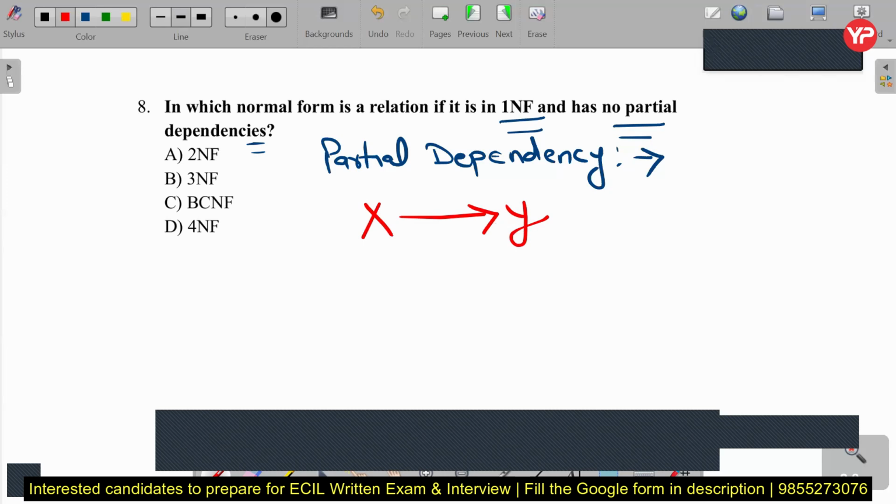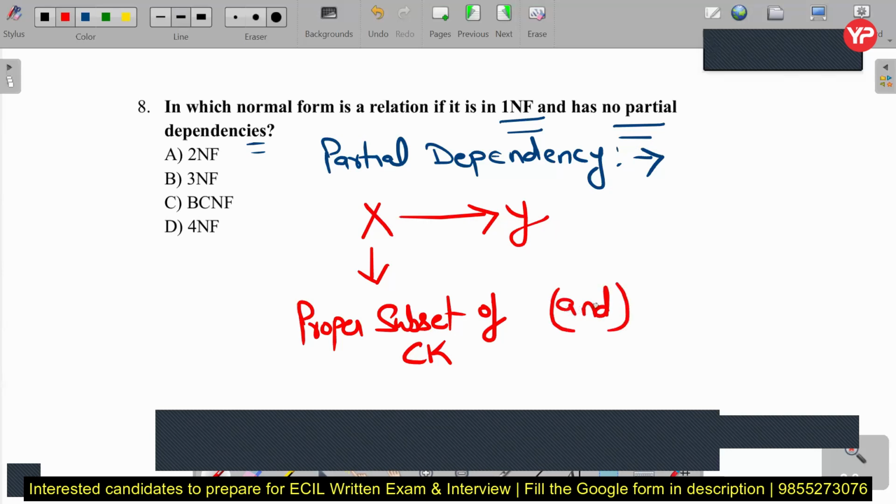Now, if the structure of this functional dependency is such that X is a proper subset of a candidate key, and keep in mind the condition is an AND, not an OR, X is a proper subset of a candidate key and Y has to be a non-prime attribute.